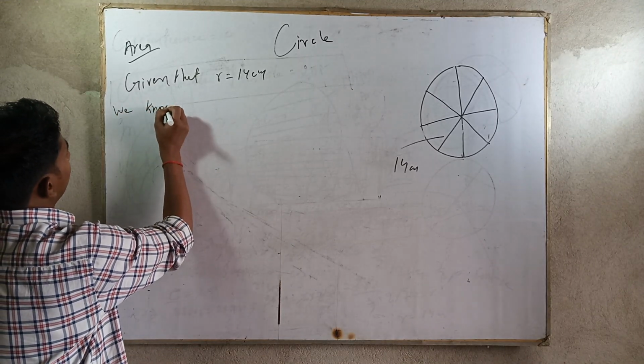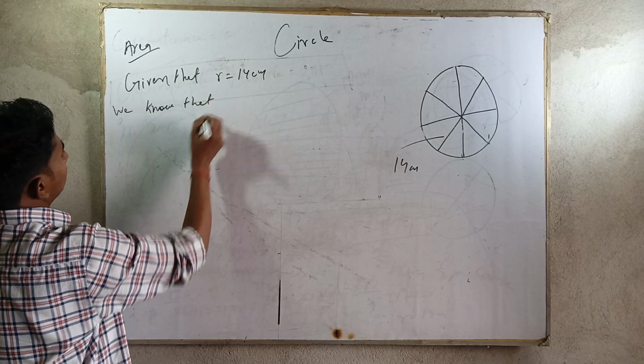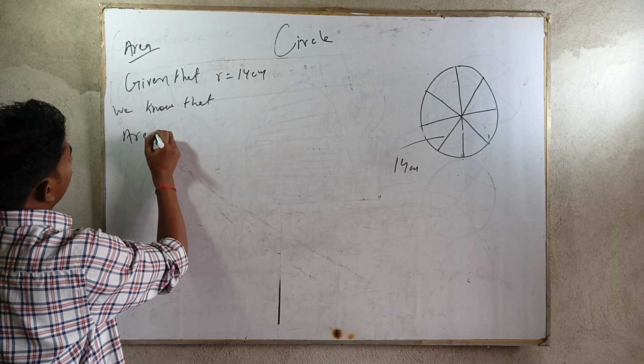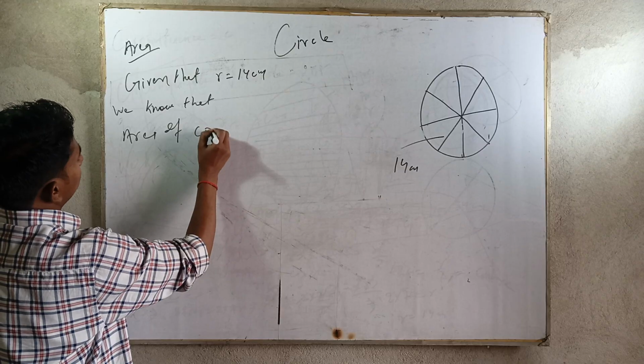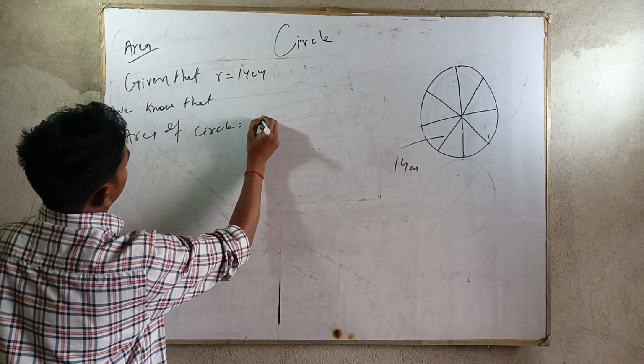We know that area of circle equal to pi r square.